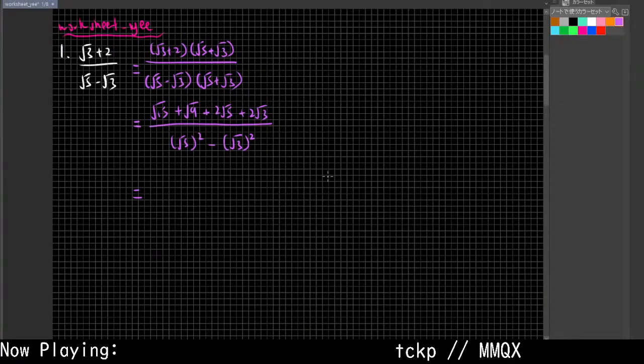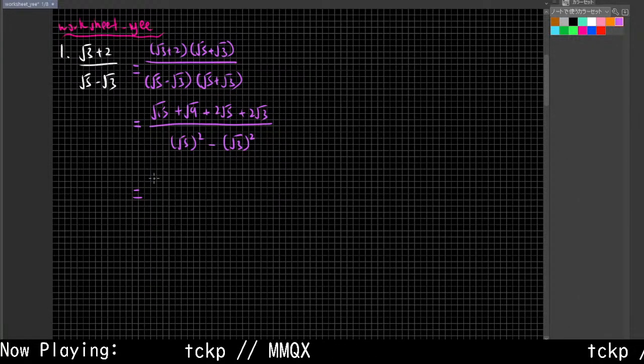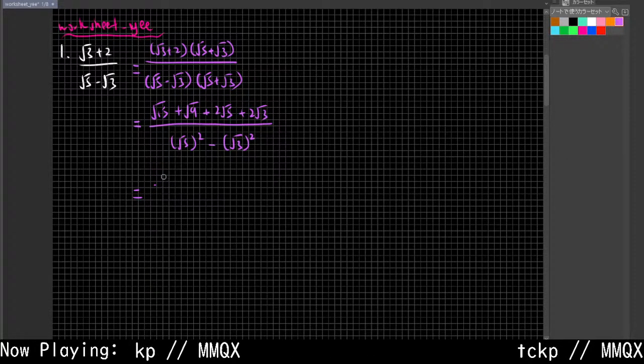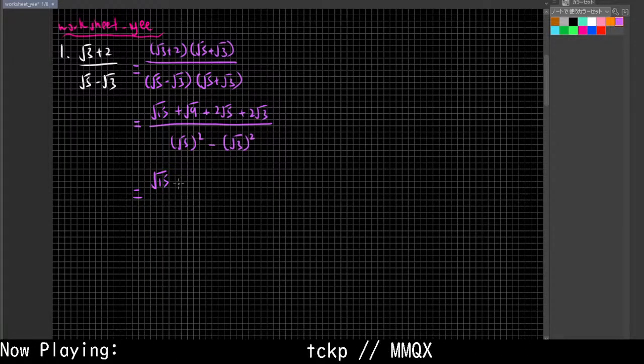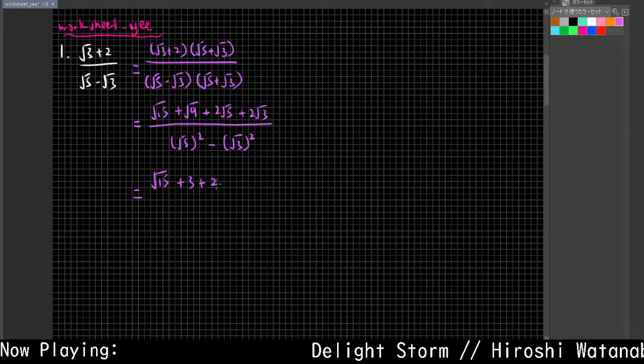Okay, yeah, then you get this. Then the top part, you can try to rearrange it. Square root 9 is 3, so that turns into 3.